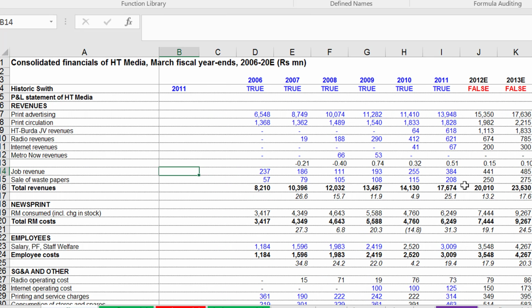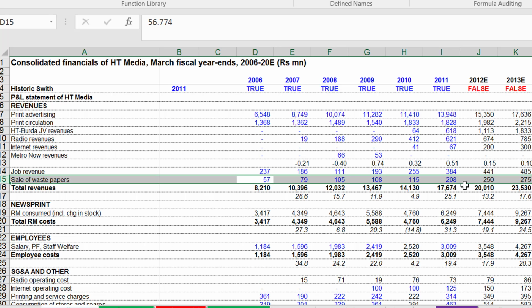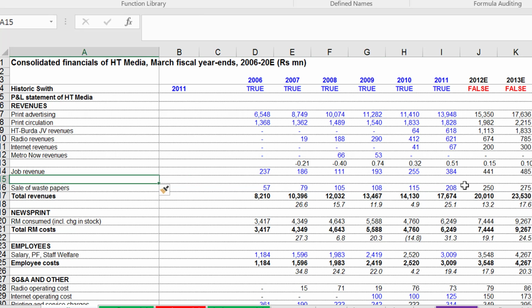All right, and then when we make our analysis, I'll just use this one. So we'll put job revenue. We would really put job revenue history here.